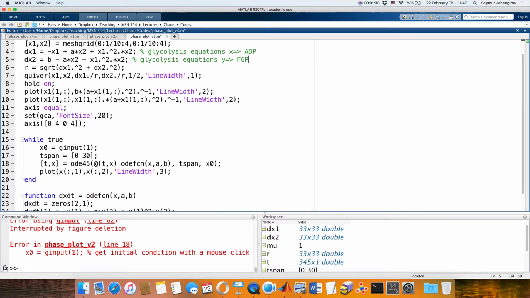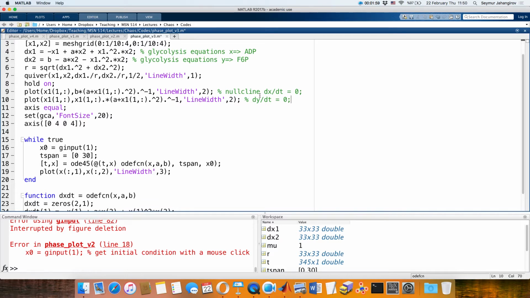So now these ones are null-clines. Null-cline. And I'm plotting them too. This one in particular is x dot equals 0. I mean dx over dt equals 0, I believe. And this one is dy over dt equals 0.